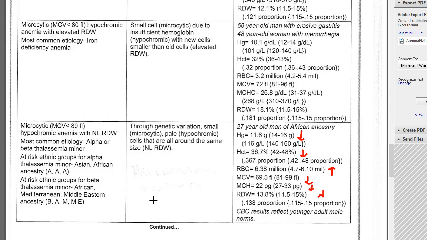Now there are major forms. The thalassemia majors can be life-threatening conditions. They're usually identified early on in life. It's going to be in your pediatric population. But otherwise, people with a thalassemia minor really have no particular health risks per se.